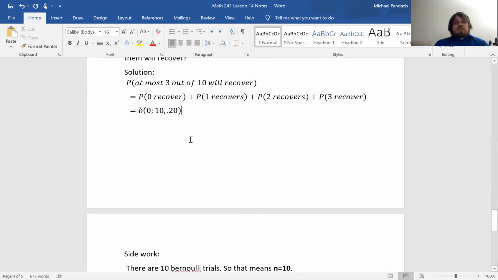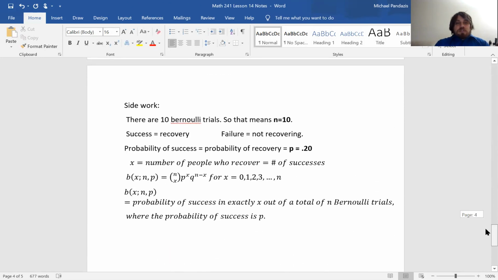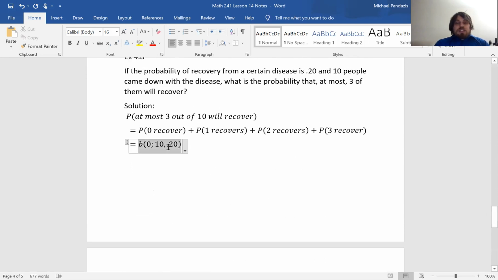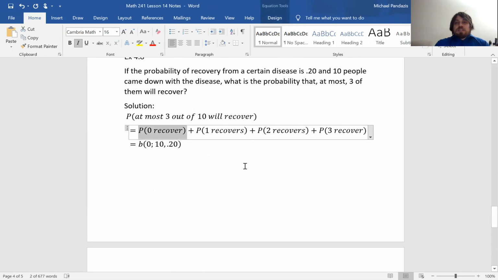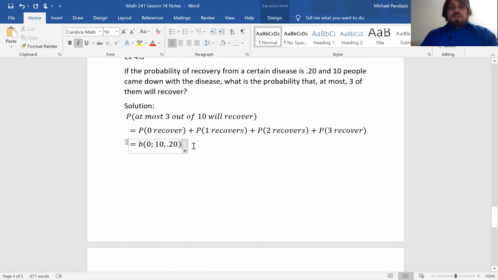And so the value of the binomial probability function, B of 0 semicolon 10 comma 0.20, is the probability that 0 people recover in this problem. It's the probability that 0 people recover out of 10, where the probability of recovery is 0.20. Or it's the probability in 10 Bernoulli trials that you have 0 successes, where the probability of success is 0.20.